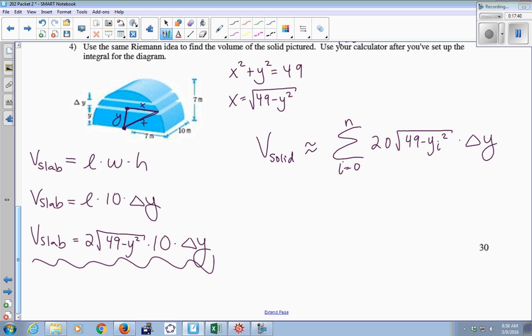There's one slab drawn in this picture, but I actually have n of them, each at a different height, y sub i. And then to get the exact volume of the solid, take the limit as the number of slabs goes to infinity.